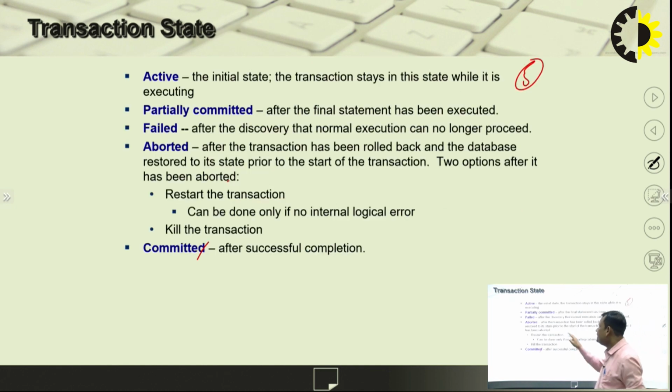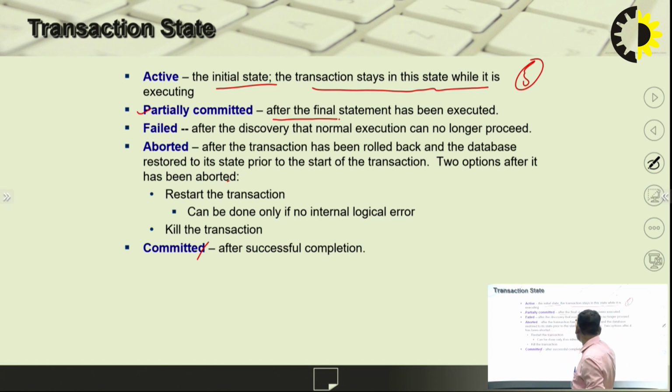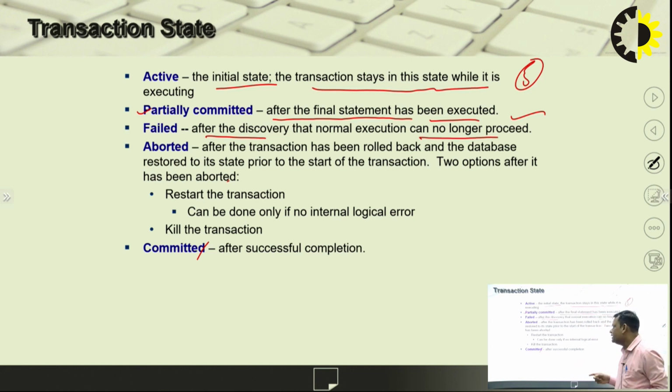Active state is the initial state; the transaction stays in this state while it is executing. The next state is the partially committed state, which means the final statement has been executed. Failed state: normal execution can no longer proceed.